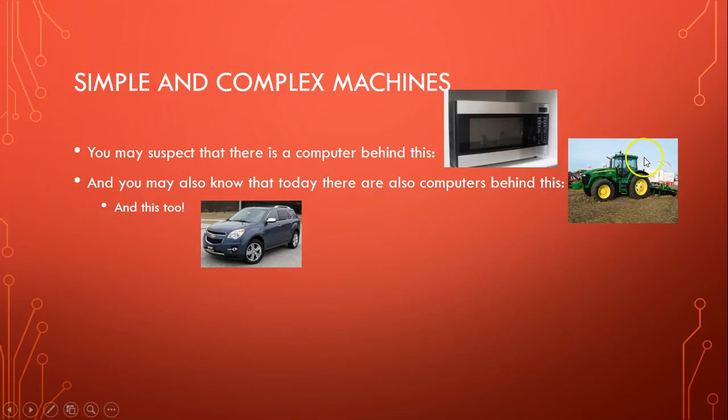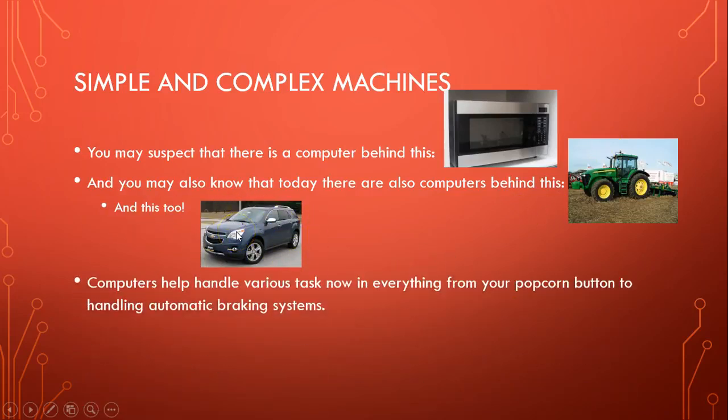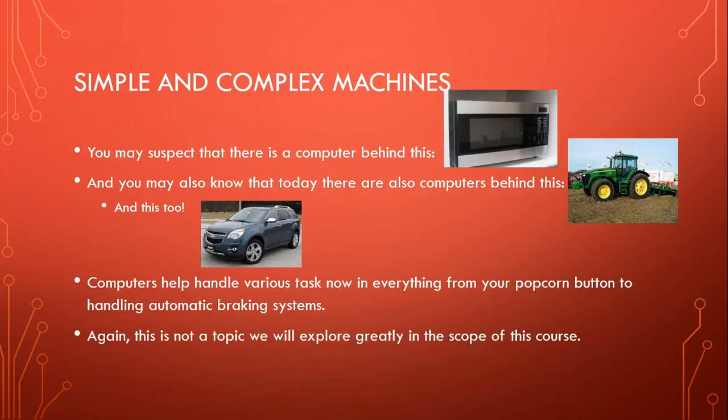They have onboard computers that do everything from monitor your engine speed, run diagnostics, have GPS, run pre-programmed instructions, and even your car also has onboard diagnostics. Computers help handle various tasks now, from your popcorn button to handling automatic braking systems. Again, this is not a topic we're going to explore greatly in the scope of this course, but it is something we just want to mention, that there are computers behind almost everything that we do today.